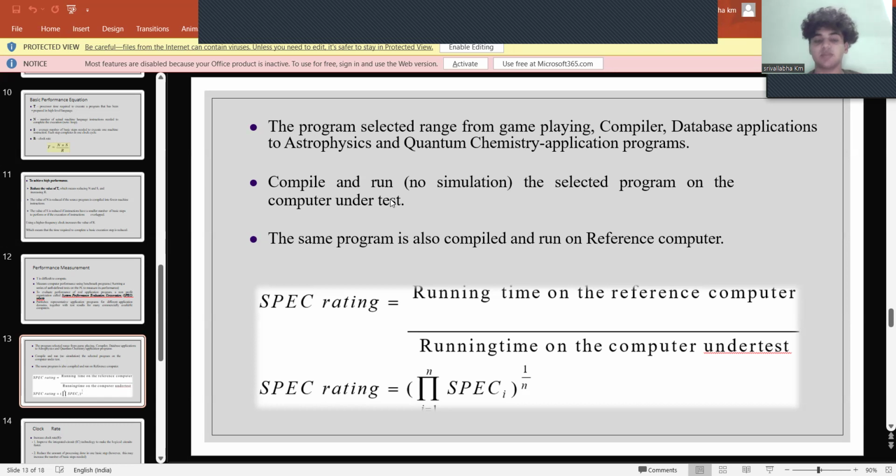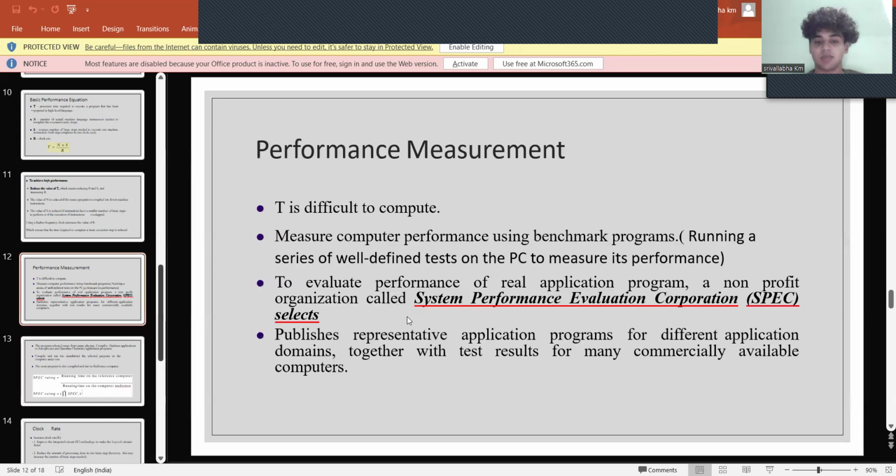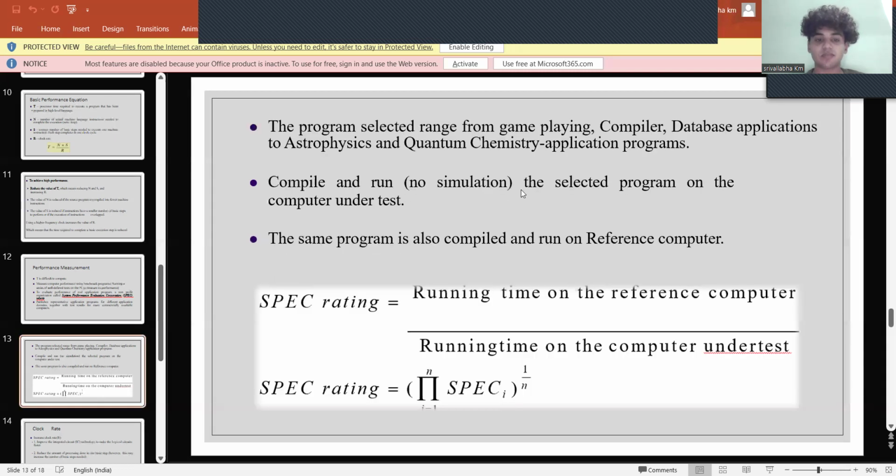These are the programs for which SPEC gives test results for the available computers.